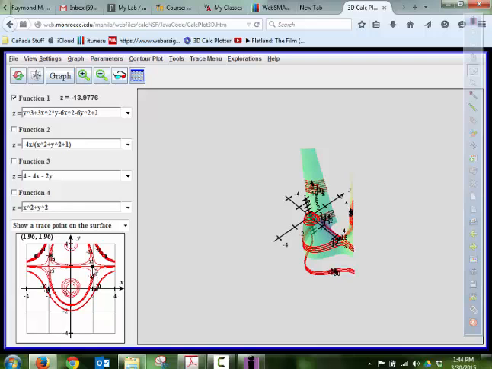Put it right by the saddle, and it's sitting right here. Okay? All right. So that's how you would find and classify your critical points.